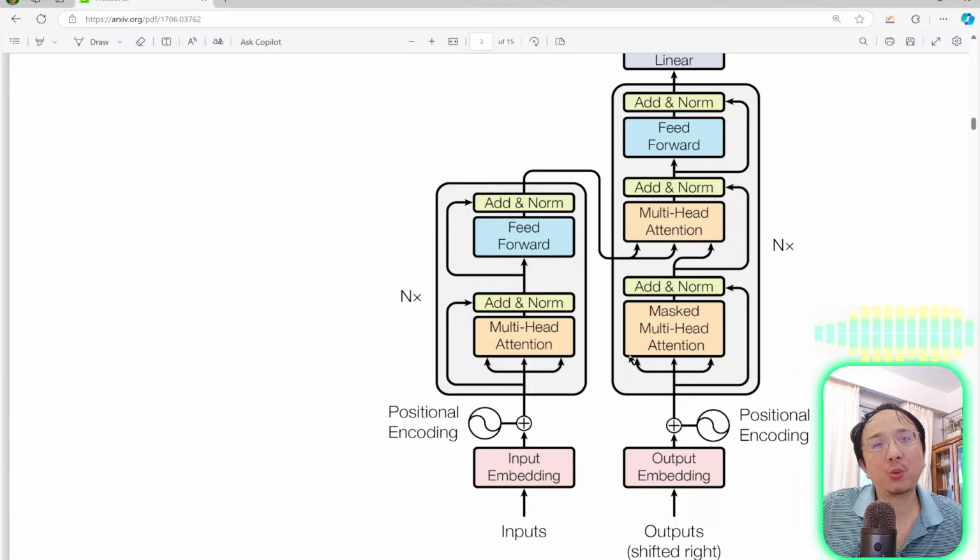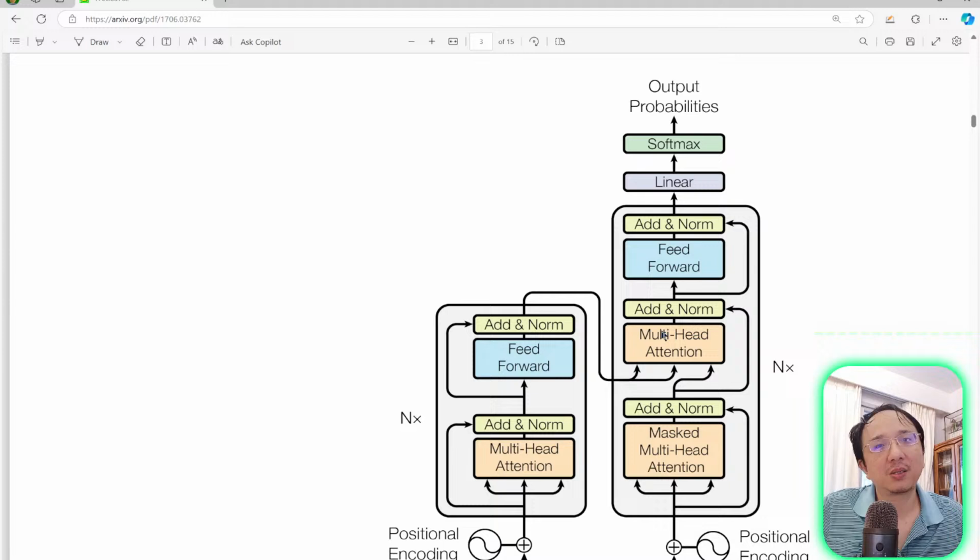And so the most relevant parts are the self-attention, the multi-head self-attention, and the transformer block. GPT is in fact just stacking multiple transformer blocks together.